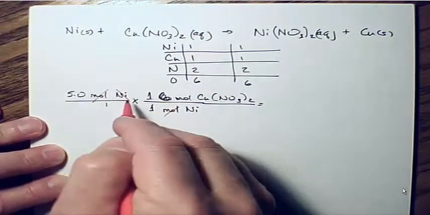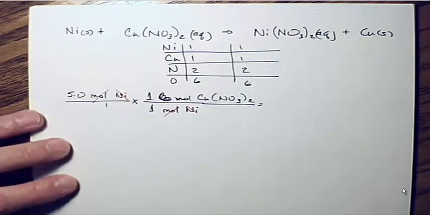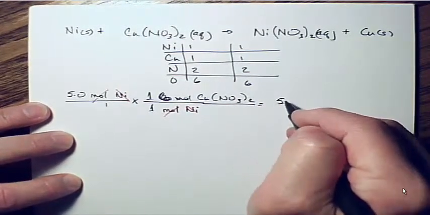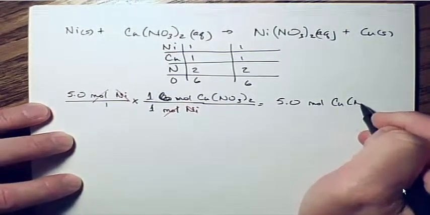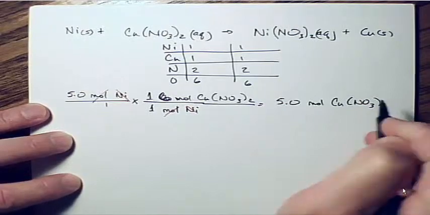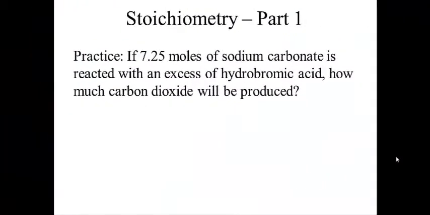Cancel as I go. And we get 5.0 moles of copper nitrate. Seems pretty simple, right? So, now it's time to try this one.